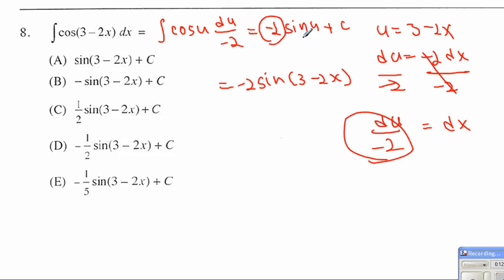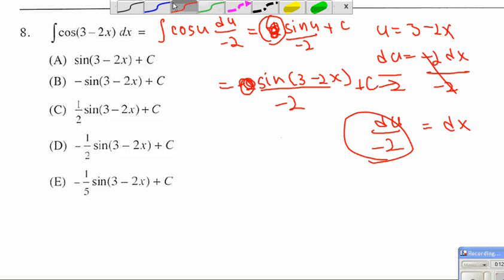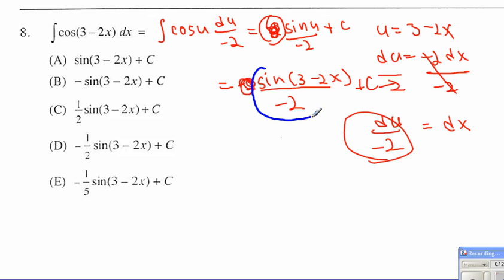Oops, my bad. This negative touched you in the denominator. Sorry. So it's here, plus c. So that becomes our final answer. Okay, it seems like this one. That seems to be our answer. All right.